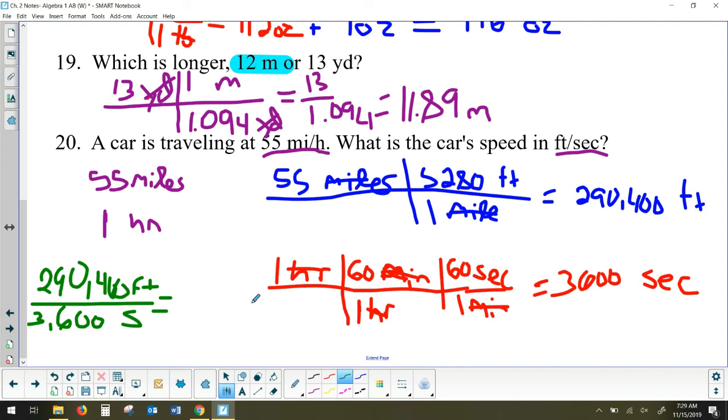So we're going 80.67 feet per second. Okay, now you need to work on your homework.